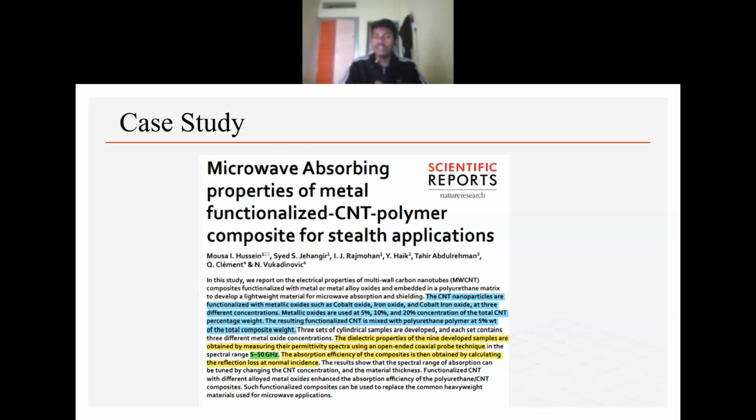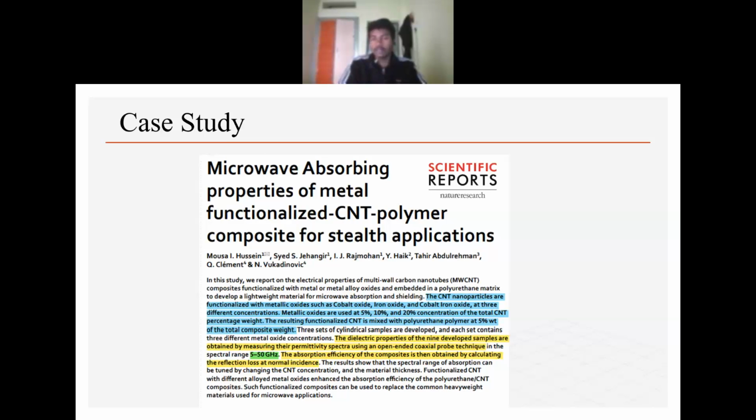This sample is generally coated on metal plates or any surface so that it can absorb the microwaves or radio waves present in the environment, so that it can be used in stealth applications.